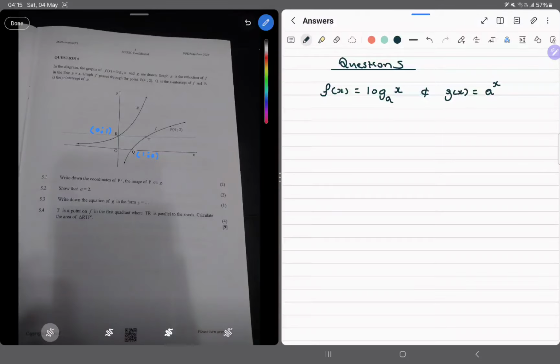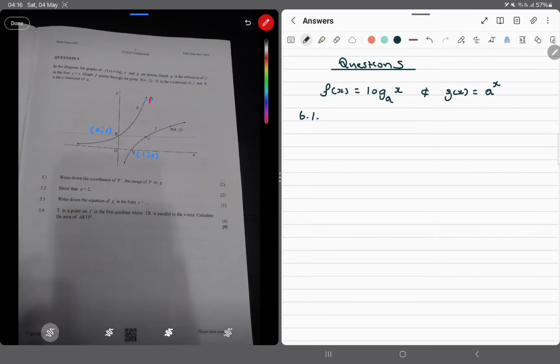Why? Because we were told this is symmetrical about the line y is equal to x. That is the inverse line. Okay. This is quick. Now write down the coordinates of p prime, the image of p on g. So we know that this point right there is going to be a point over there, perhaps, which we can call p prime.